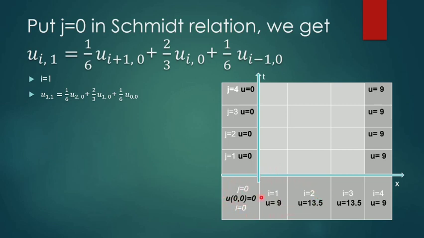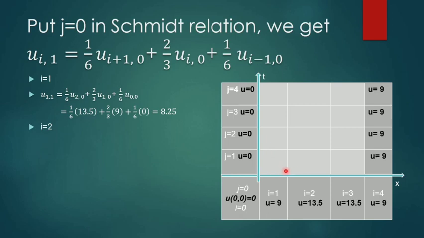These three values: u at 2 comma 0, u 1 comma 0 and u 0 comma 0. These three values are substituted in this equation to get u as 8.25. So after substituting these three values, you get the value of u here.